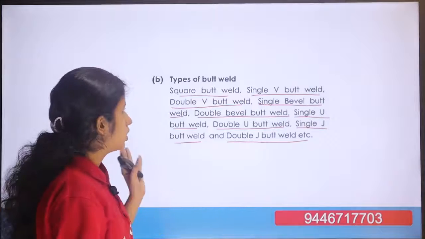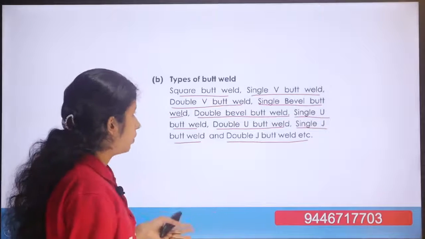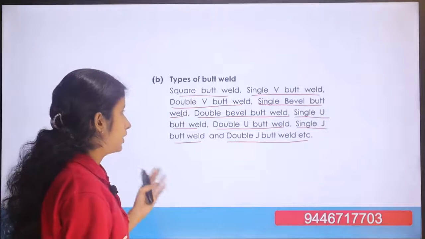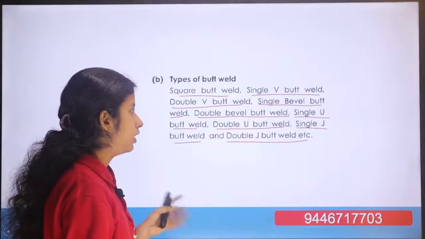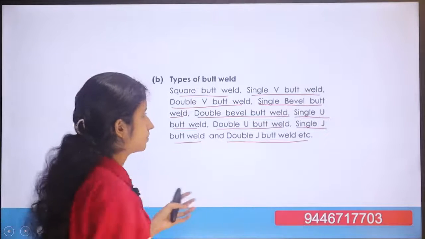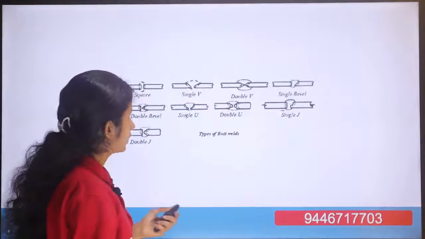Square butt weld, single V butt weld, double V butt weld, single bevel butt weld, double bevel butt weld, single U butt weld, double U butt weld, single J butt weld, and double J butt weld. So, we can discuss that.